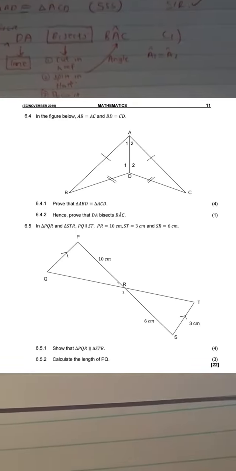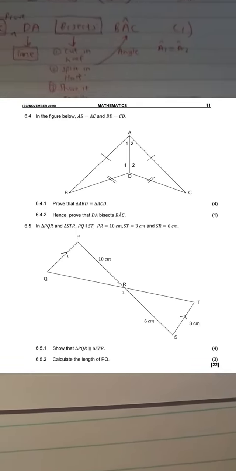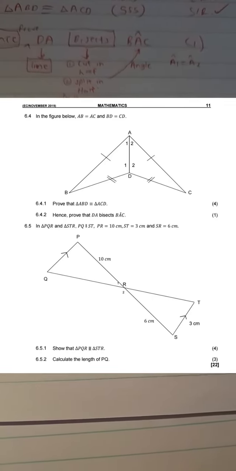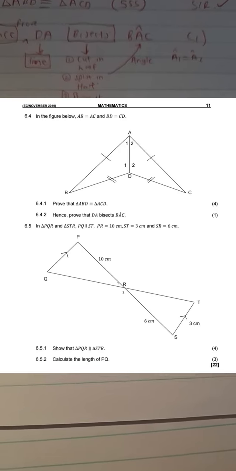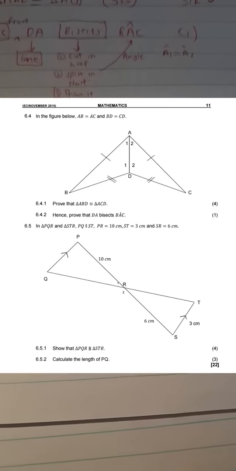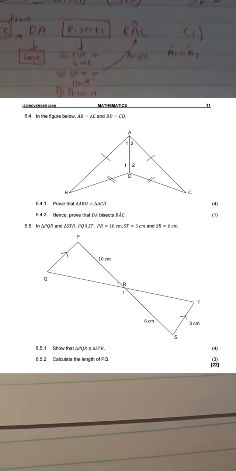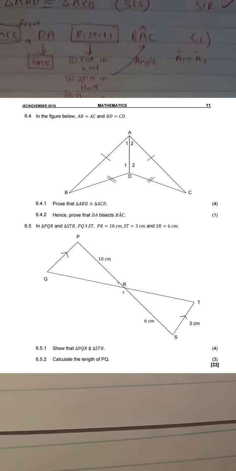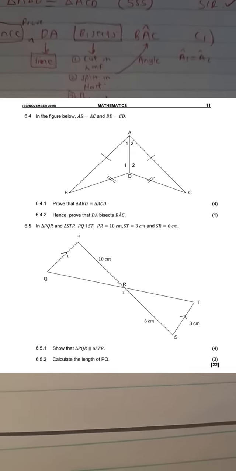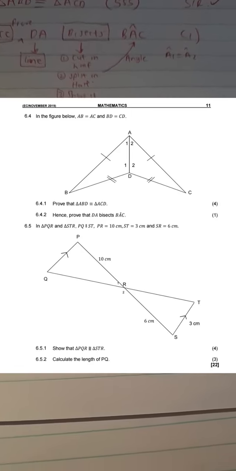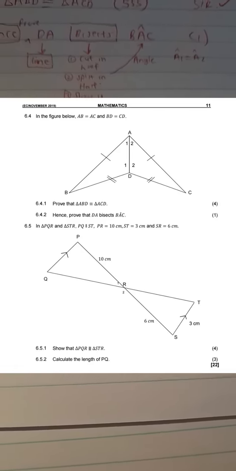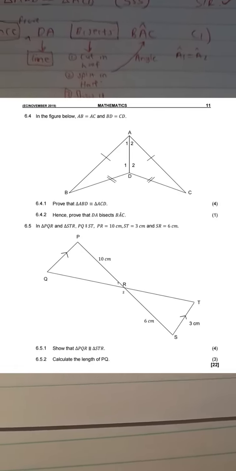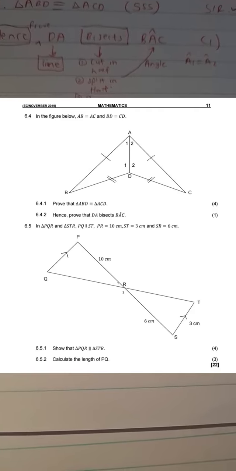All right, so here we are now with the next question. In triangle PQR and triangle STR, they are saying PQ is parallel to ST. I'm sure you guys can see that. They're saying PR is equal to 10 centimeters, ST is equal to 3 centimeters, and SR is equal to 6 centimeters.